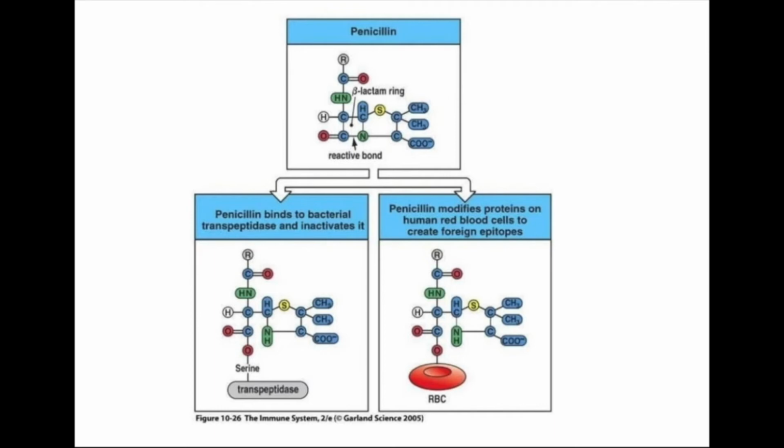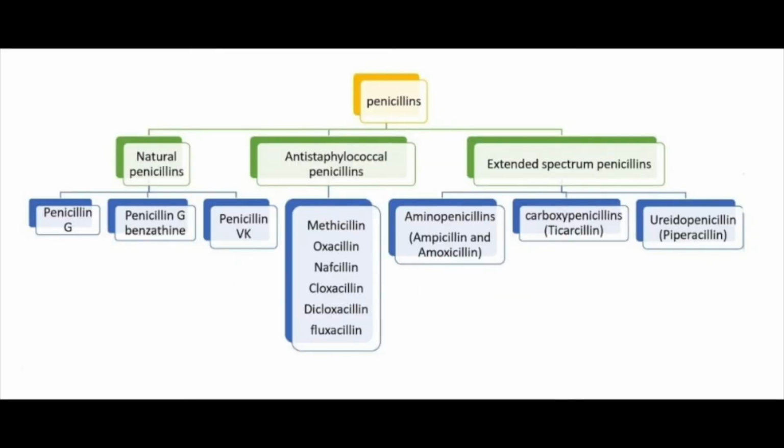So this enzyme cannot build up the cell wall of the bacteria, and growth is inhibited. However, if the penicillin mistakenly binds to red blood cells, it can cause hypersensitivity, which is an adverse effect of this drug. So let's talk a little bit about the drugs now.